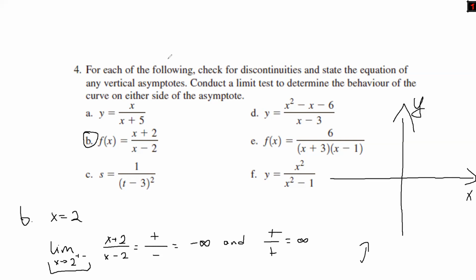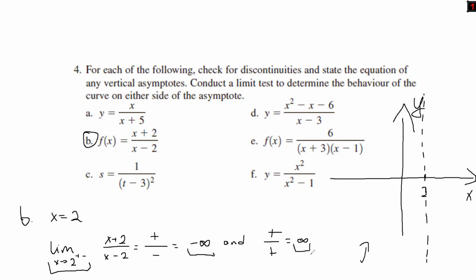So start with the vertical asymptote. You know that the vertical asymptote is at x equals 2. And you know what the sign is to the left-hand side and right-hand side of this asymptote.